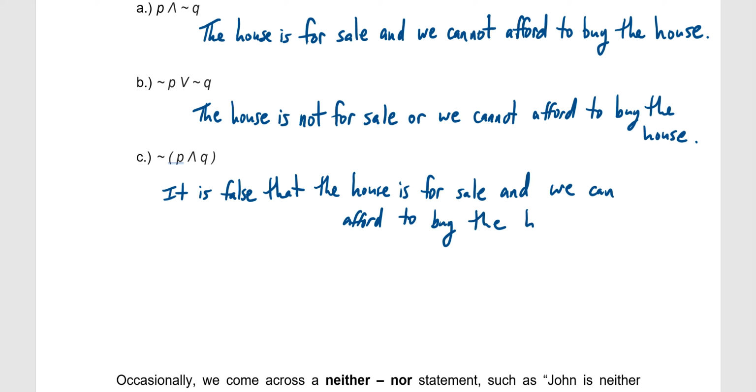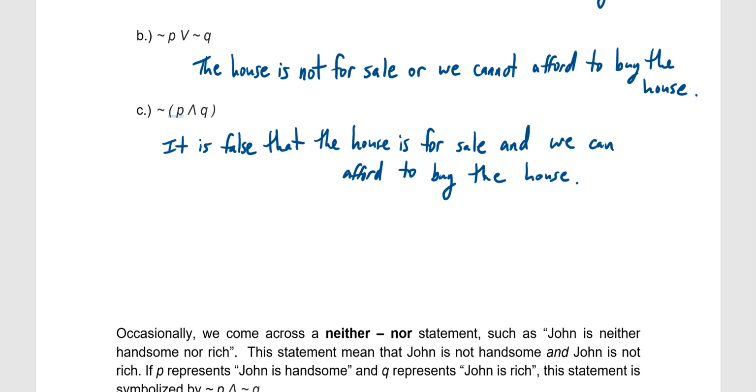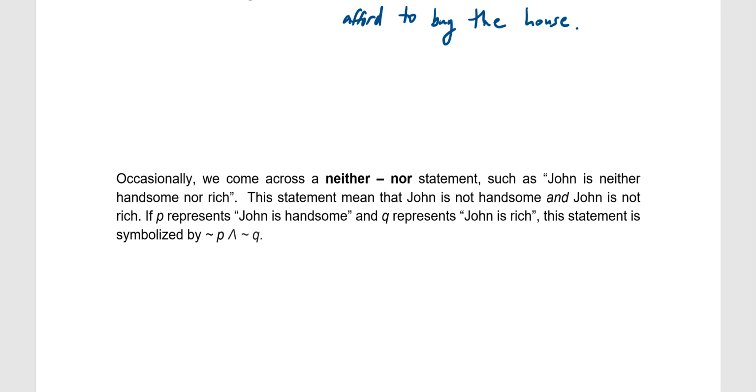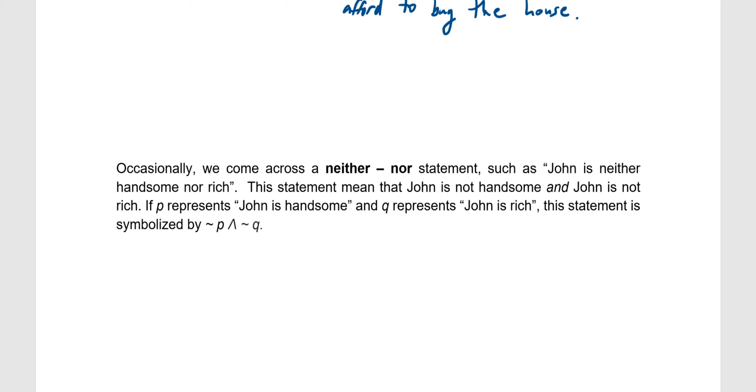Okay, so that's a couple more examples for us, getting a little bit harder a little bit at a time. Occasionally we're going to come across a neither-nor statement, such as John is neither handsome nor rich. This statement means that John is not handsome and John is not rich. So this is a conjunction.